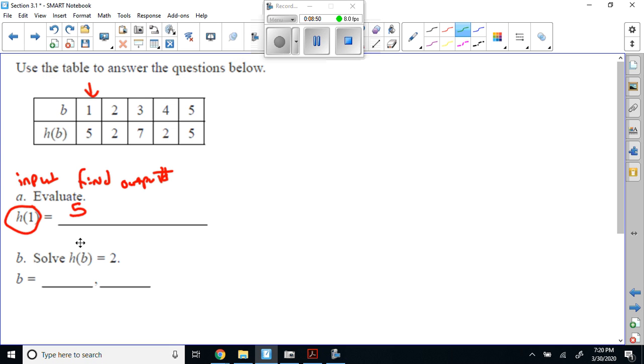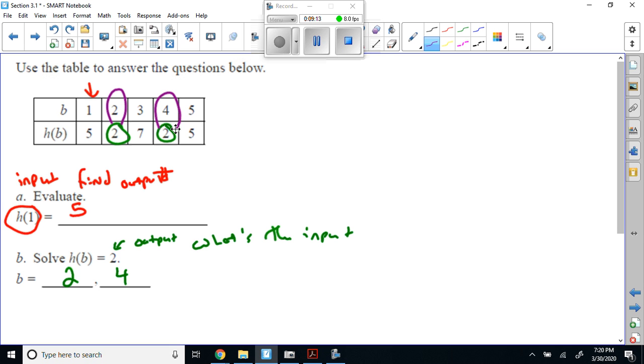This one's saying, here's an output, what's the input? I've got an output of 2 there and an output of 2 there. What are the inputs? 2 and 4, right? Right there and right there. So you've got to be able to read it from the table.